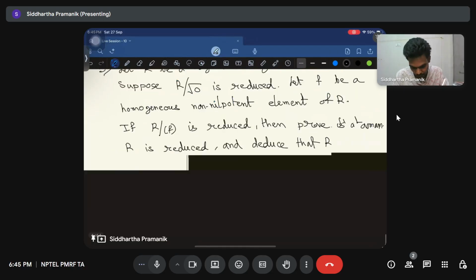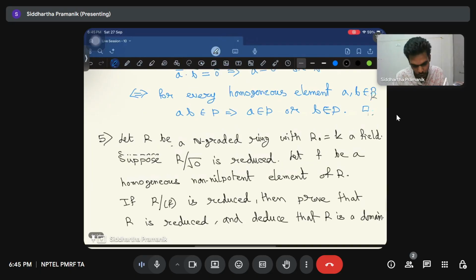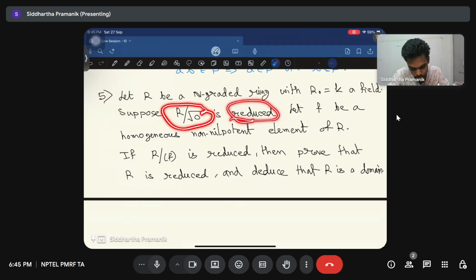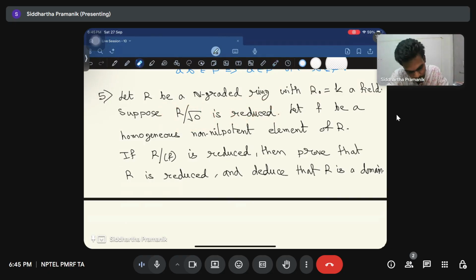So the statement is a little bit long, but let's recall. Suppose R is an N-graded ring, the usual N-graded ring, but the zeroth component is a field. And suppose the quotient ring R modulo its nilradical is reduced. Sorry, it is already reduced because we are going modulo the nilradical.